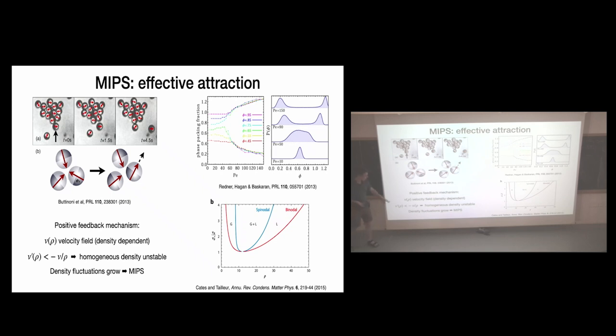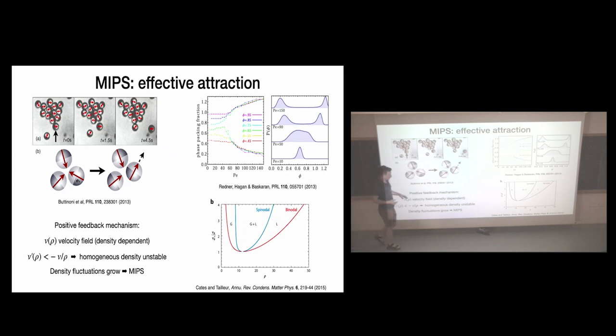On top of that, you can derive a criterion for the stability of the homogeneous state: when the derivative of the velocity with respect to the density is smaller than this quantity, the homogeneous state is unstable and the density fluctuations can grow instead of shrinking.